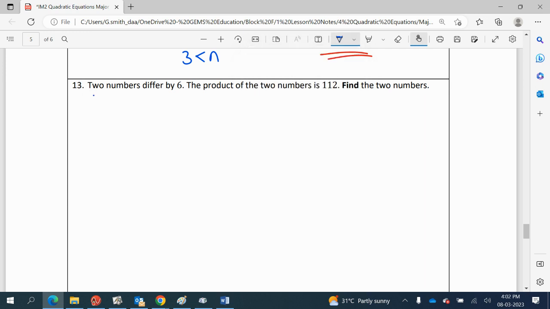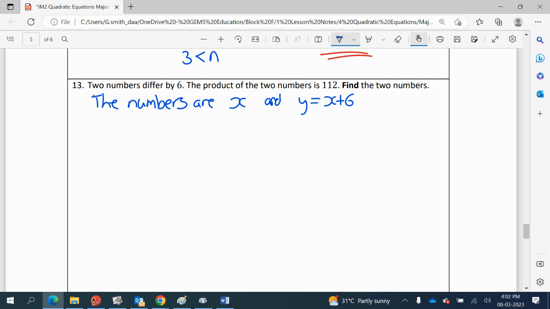So two numbers differ by 6. So the numbers are x and y, where y is equal to x plus 6. They have to differ by 6.